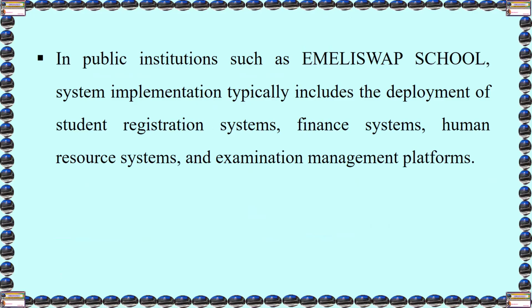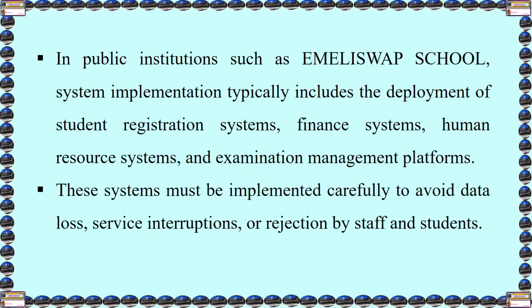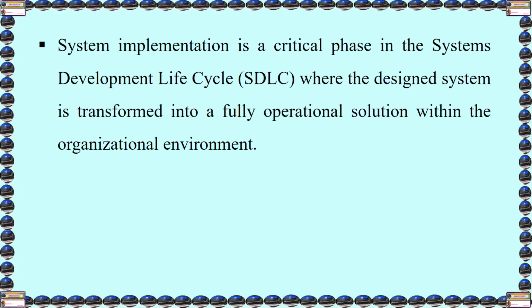Remember, this is just an example. I am using ML Swap School just for illustration, but remember that systems can cut across all types of organizations and all types of institutions. These systems must be implemented carefully to avoid data loss, service interruptions, or rejection by staff and students.